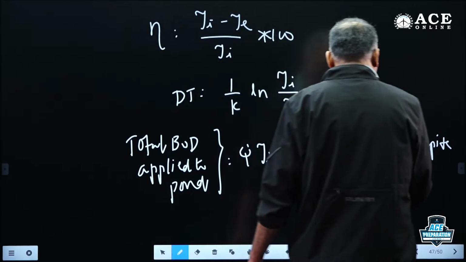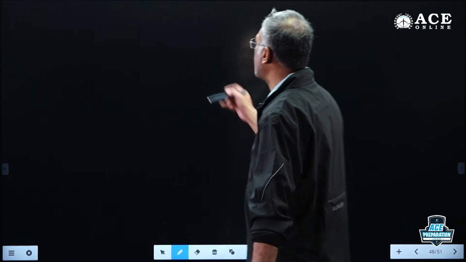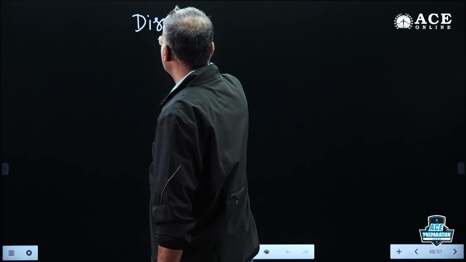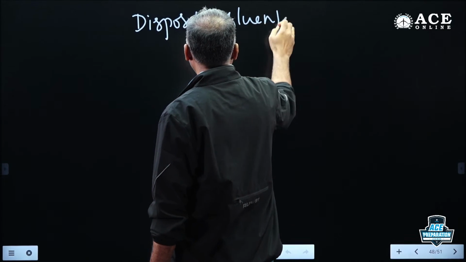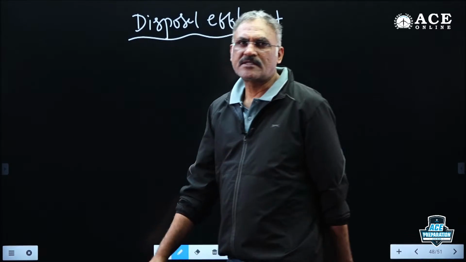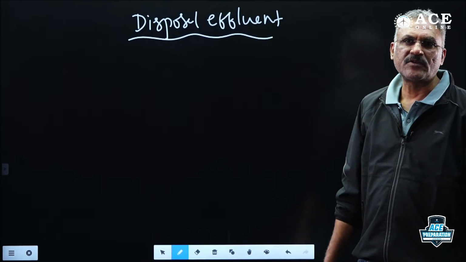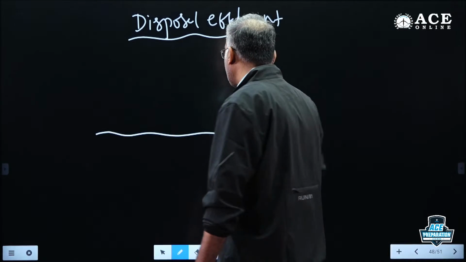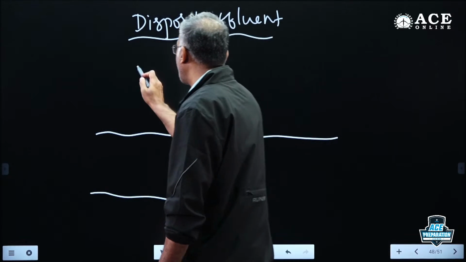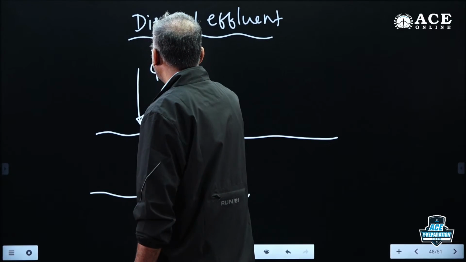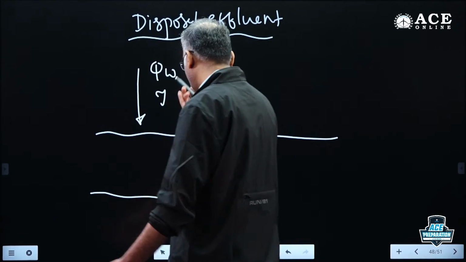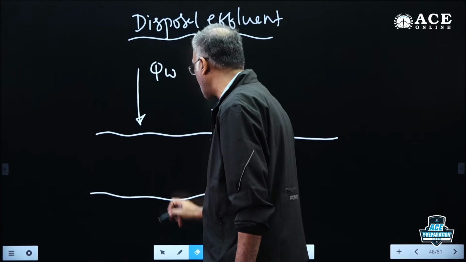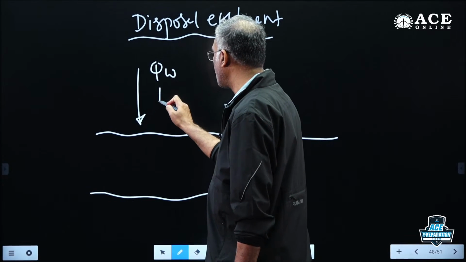In addition to this, another important topic is disposal of effluent. In disposal of effluents, a very popular question is, what is the BOD remaining at so and so distance after disposing the waste into a river? A river is flowing here. You dispose a Q amount of waste into the river with so and so BOD. It may be ultimate BOD or 5-day BOD, whatever it may be, all should be in the same unit system.